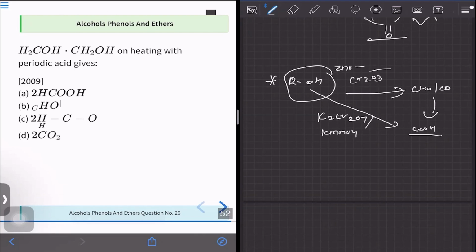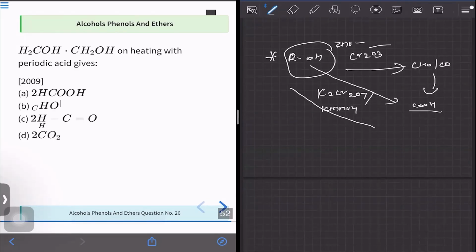For production of alcohol from carboxylic acid, we need a strong reducing agent, that is LiAlH4. But for production of alcohol from aldehyde or from ketone, we need hydrogen or palladium.